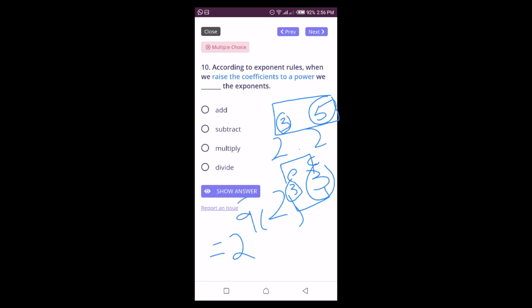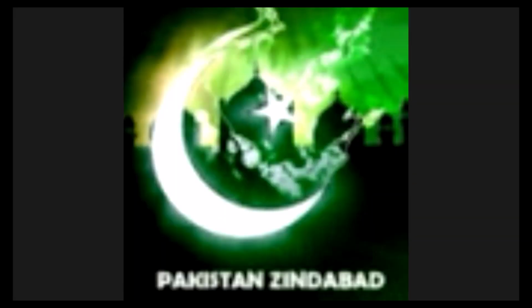So the answer is 2 raised to the power 9. So your answer is correct. According to the exponent rule, because we are talking about the power rule, we multiply the exponent. Good.